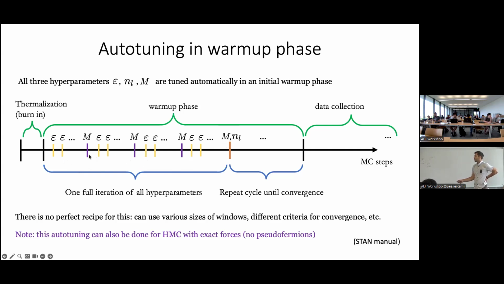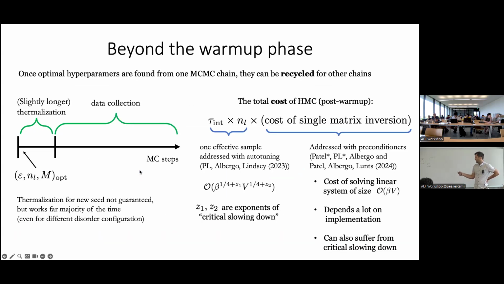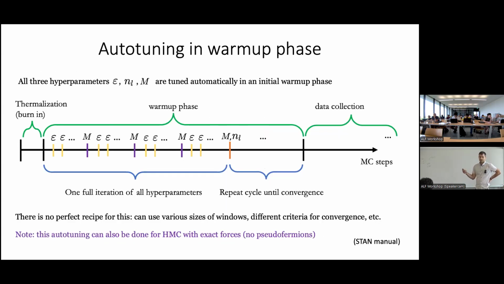The metric is changed every however many iterations, like 20. And the number of leapfrog steps is changed every 100 or something like that. Then you repeat this whole cycle however many times it takes for all of these hyperparameters to stop changing. The epsilon and NL are just numbers, and for the metric you can compare the old metric to the new metric and check that the relative norm of the difference is smaller than some cutoff that you set.